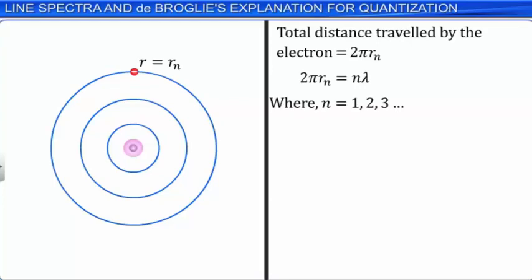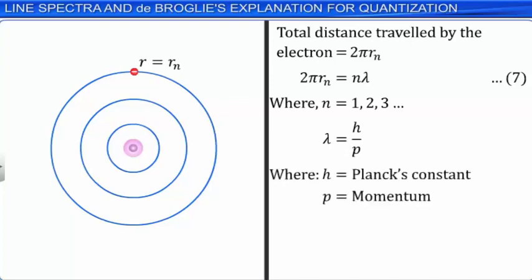We know that de Broglie's wavelength corresponding to the motion of a particle having a momentum p is given by lambda is equal to h by p. Here, h is the Planck's constant and p is its momentum. As momentum is the product of the mass m and the velocity v, we have lambda is equal to h by m vn.